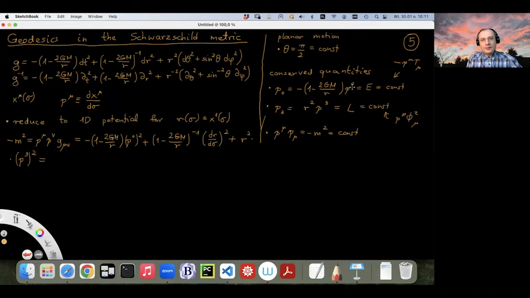But now p0 is nothing but the conserved energy divided by 1 minus 2GM over r, with a minus sign. So we can write this as minus energy over 1 minus 2GM over r squared plus 1 minus 2GM over r minus 1 dr over d sigma squared plus r squared.